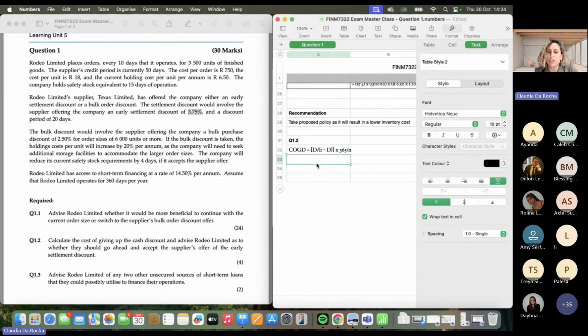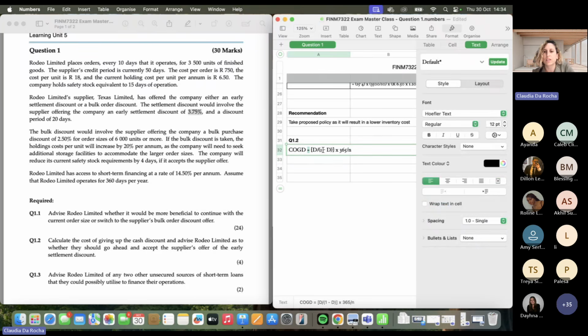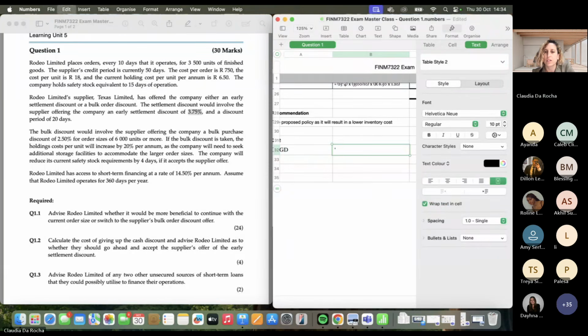So it is equal to the discount percentage, and I did say we need to make sure this is in decimal format, divided by 1 minus the discount percentage, all multiplied by 365 over n.